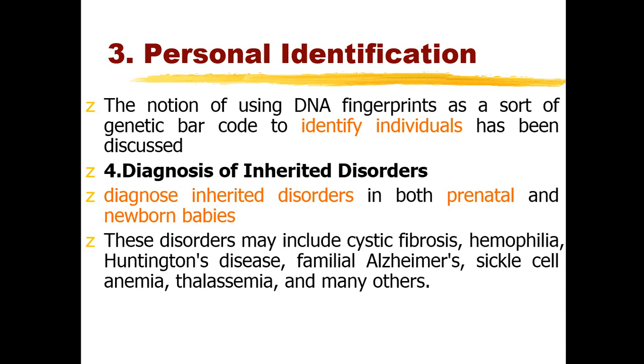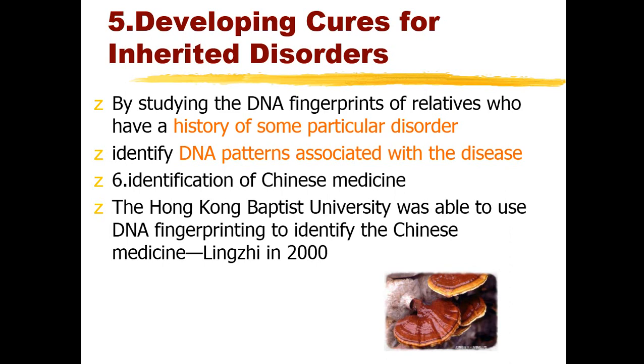Third is personal identification. The fourth one is for diagnosing inherited disorders like Alzheimer's disease, thalassemia, sickle cell anemia. Fifth is developing cures for inherited disorders.